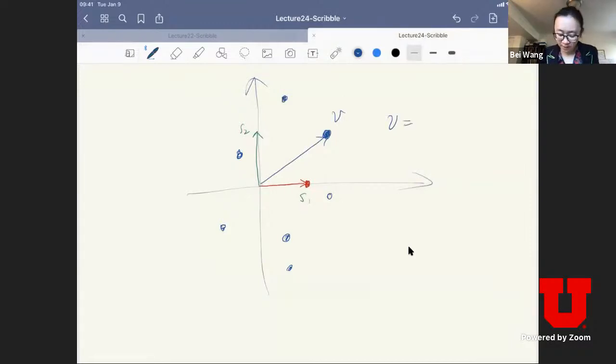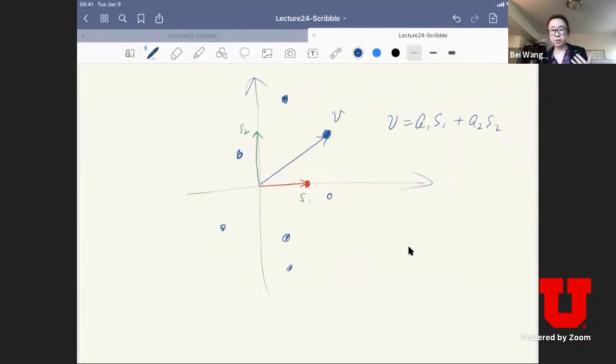So this is a coefficient A1 times S1 plus A2 times S2, right? Think about this as, I want to express every single high dimensional vector as a linear combination of my 2 basis vectors. Okay, so that is something hopefully you are a bit more familiar with, to try and find a basis among high dimensional vectors.